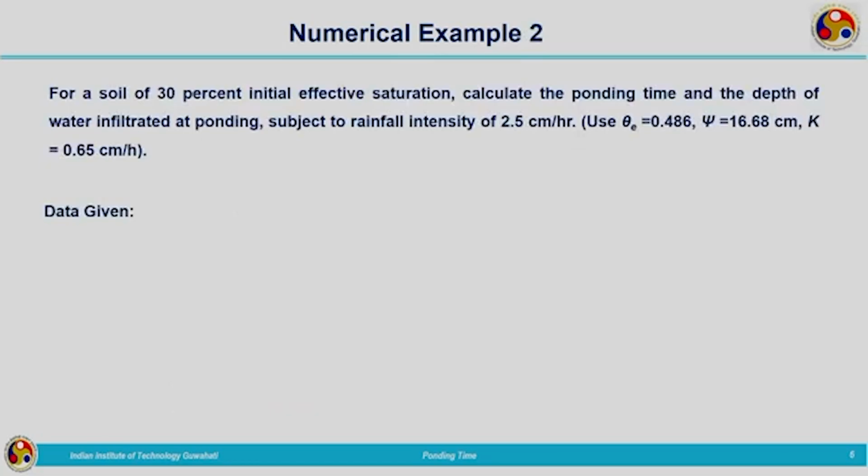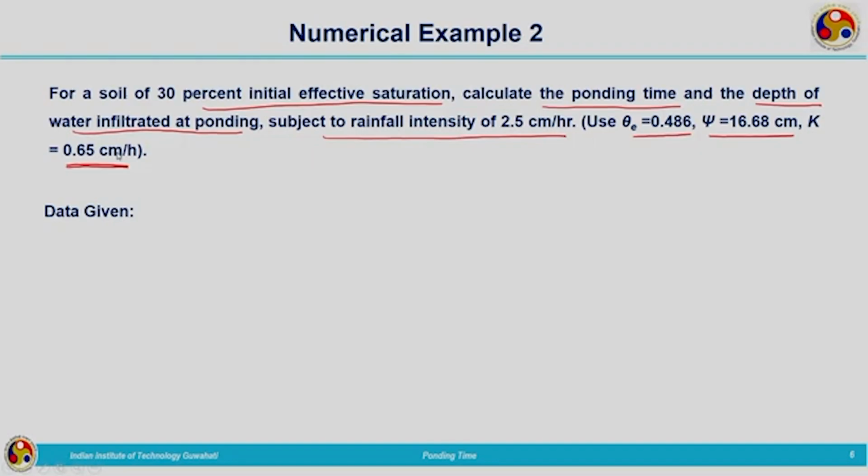So, we can solve one more example. For a soil of 30% initial effective saturation, calculate the ponding time and the depth of water infiltrated at ponding, subject to rainfall intensity of 2.5 centimeters per hour. Theta E is given to us as 0.486, psi is 16.68 centimeter and hydraulic conductivity K is equal to 0.65 centimeters per hour.